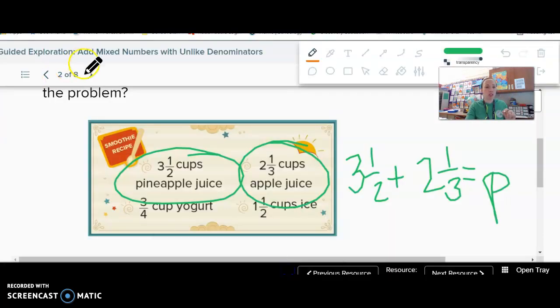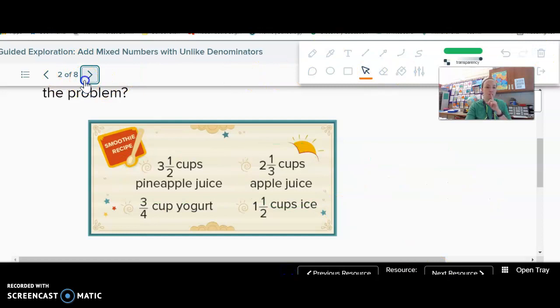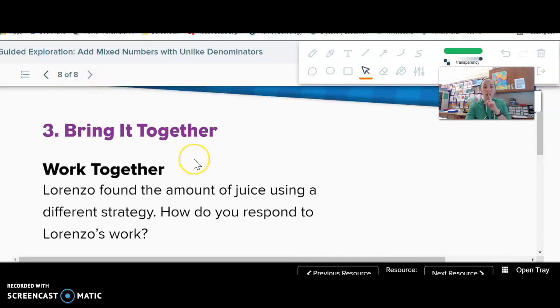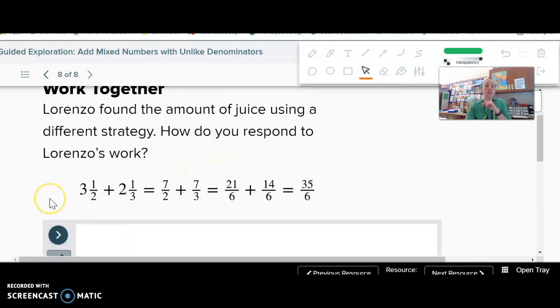Now, we're going to look at another sort of method because look at what Lorenzo did here. He did 7 halves plus 7 thirds, 21/6, 14/6, 35/6. What did he do? He just turned these into improper fractions, found a common denominator with those, and then added those together. Right? Then he'd want to change it back to a mixed number.